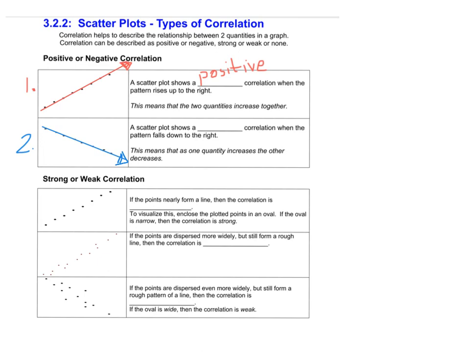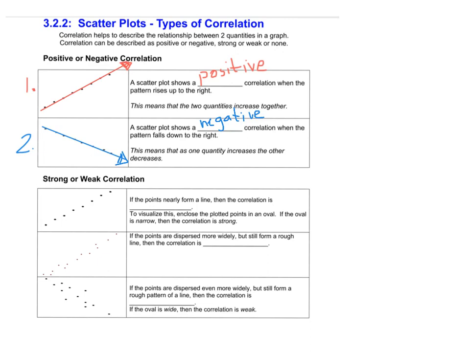This scatter plot shows a negative correlation when the pattern falls down to the right. This means that as one quantity increases, the other one is decreasing.